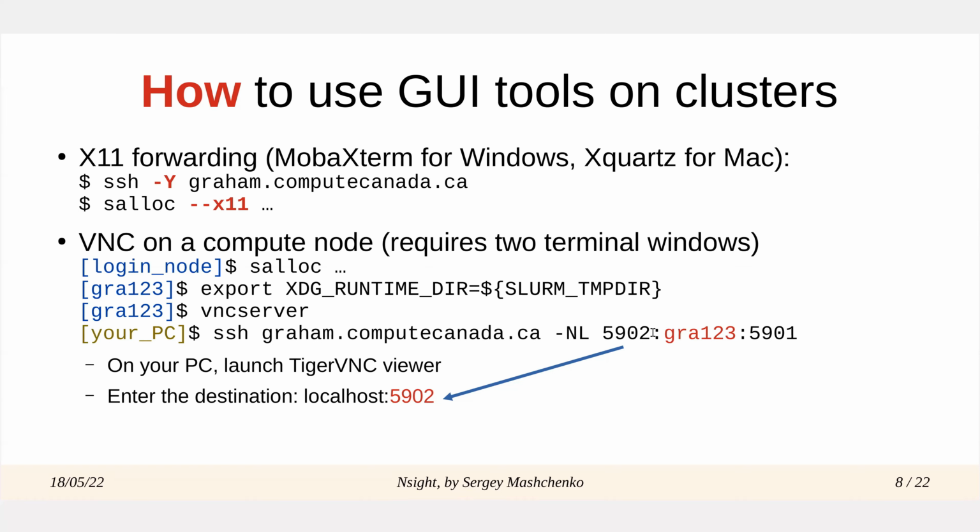But normally this number can stay as is. This is also typically the same. So the only thing you want to customize is the compute node. It has to match the compute node from your salloc session in the blue terminal, the blue tab on your MobaXterm. So you make sure this matches, and you have to provide -N and -L, capital L, for this to work. If it doesn't complain, it just hangs there, which means it's established the port forwarding.